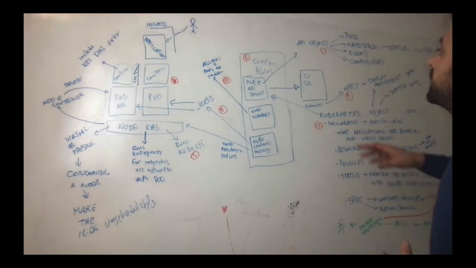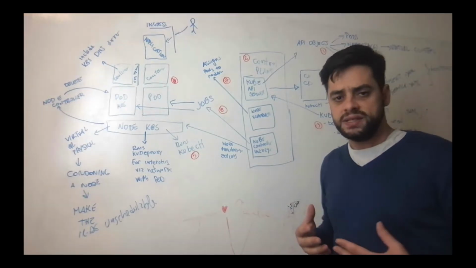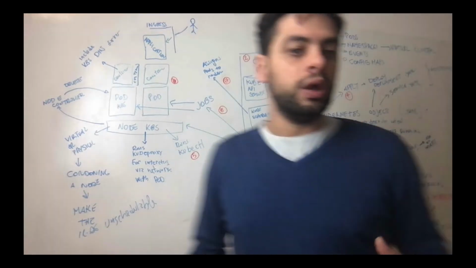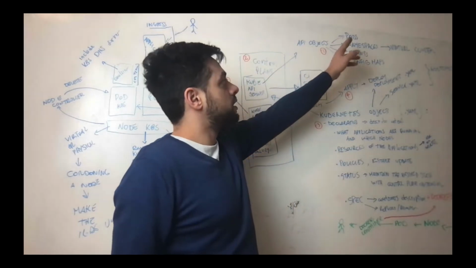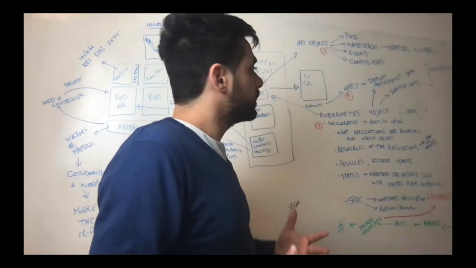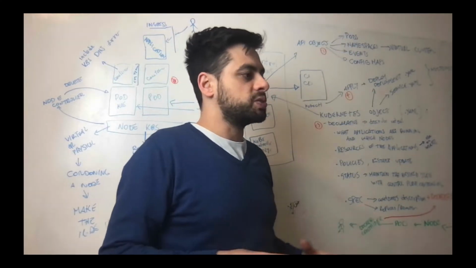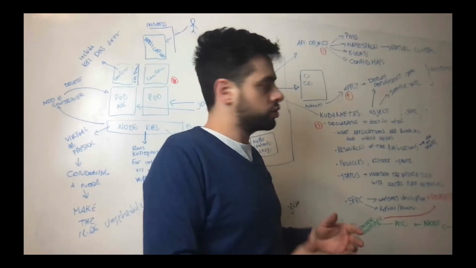Basically it works by API objects that are defined in Kubernetes. These can be, for example, pods, where your application runs inside a container. They can be namespaces, which define an application space that a set of resources belongs to.